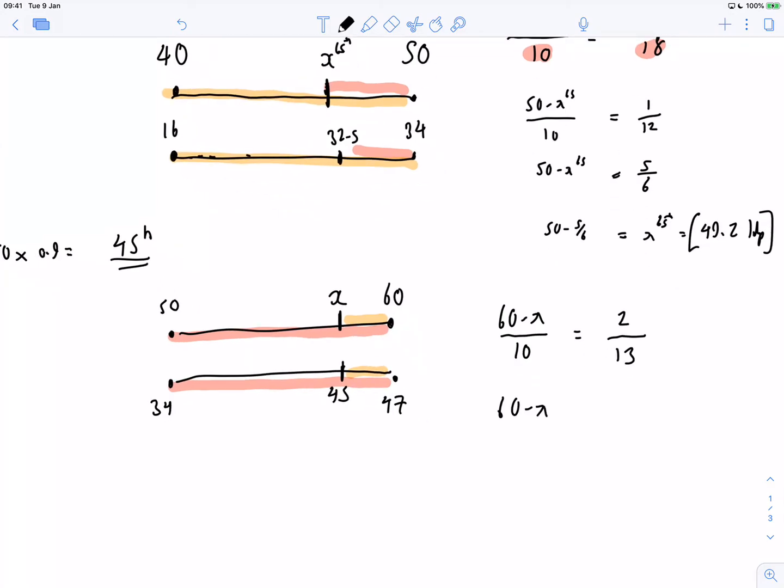So 60 minus x equals, times by 10 both sides, is 20 out of 13. So x is going to be 60 minus 20 over 13. And 60 minus 20 over 13 is 58.46 minutes.